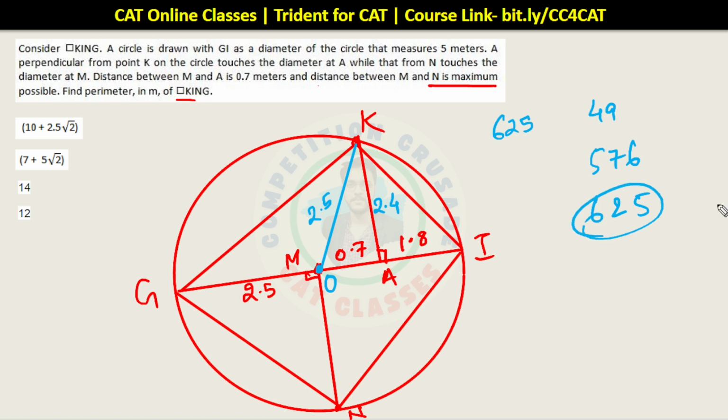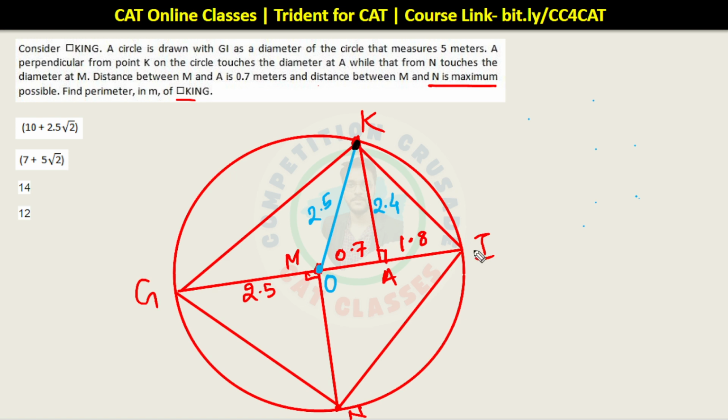So you can see, external knowledge is not bad, but if you are not comfortable with the idea of triplets, you can simply use the Pythagoras theorem and find that out as well.